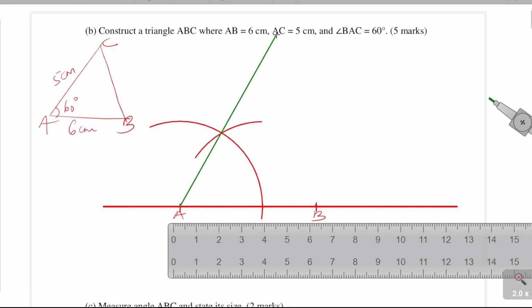So that is how you construct an angle of 60.